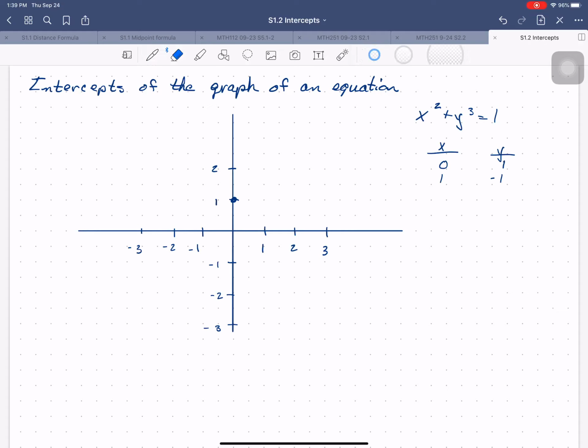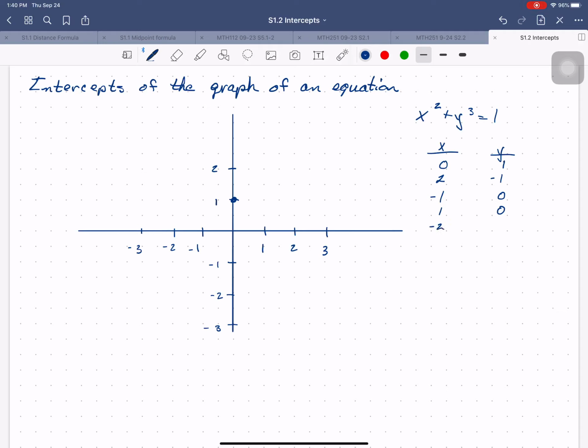Oops, my bad. If y is negative 1, x is 2. Yes, that is correct. Okay. If x is negative 1, y is 0, and if x is 1, y is 0.